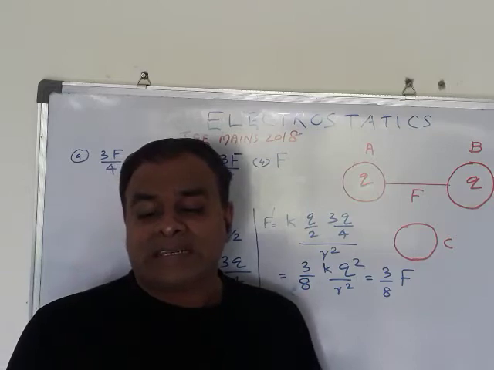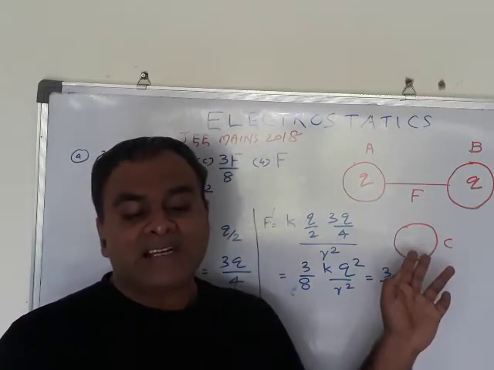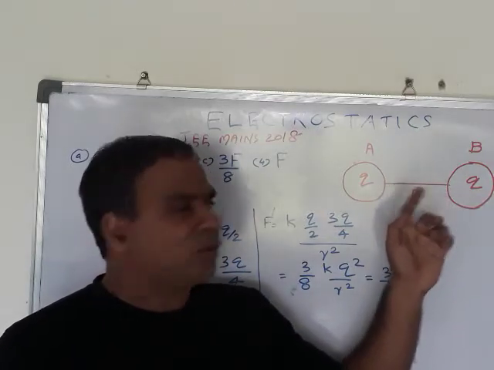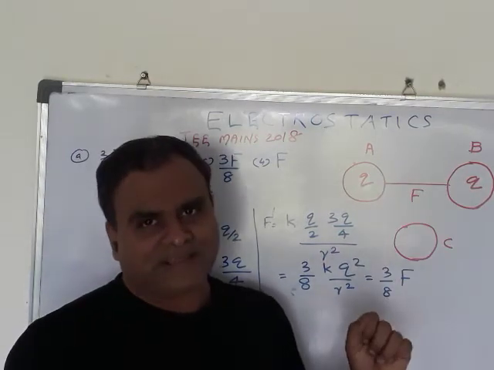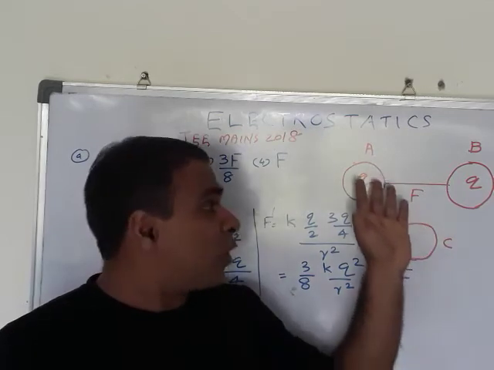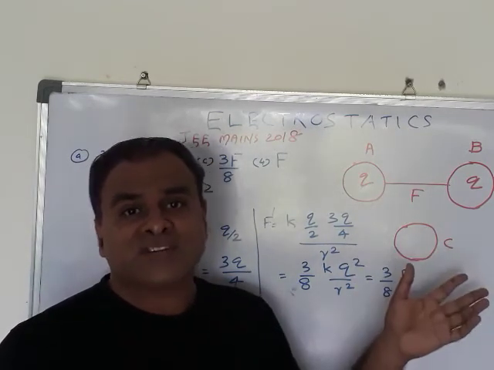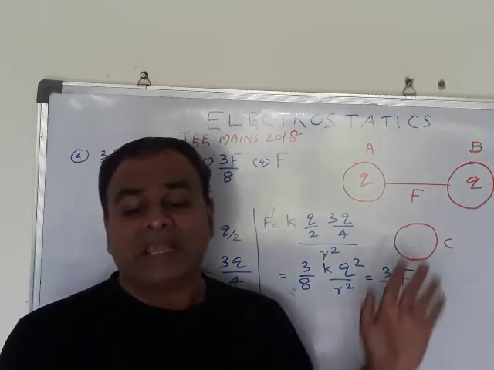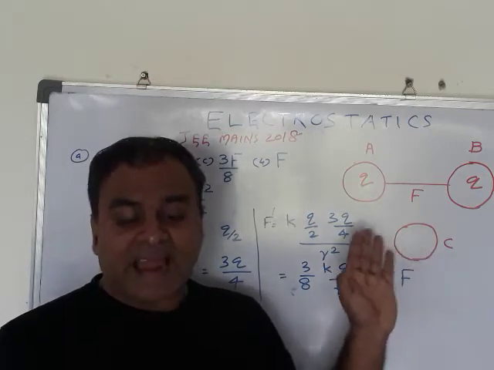A third identical conducting sphere C is uncharged. So these two spheres are charged; let us assume that Q is the charge on each of spheres A and B. The third sphere is also identical, because its diameter is the same as that of A and B.